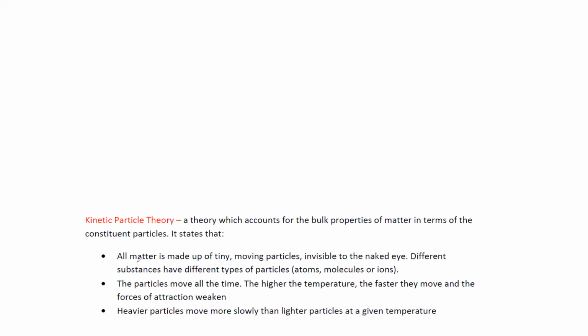What does it state? It states all matter is made up of tiny moving particles invisible to the naked eye. You cannot see them with your eye. Different substances have different particles such as atoms, molecules, or ions. So everything is made up of tiny particles, which can be termed as atoms, molecules, or ions.